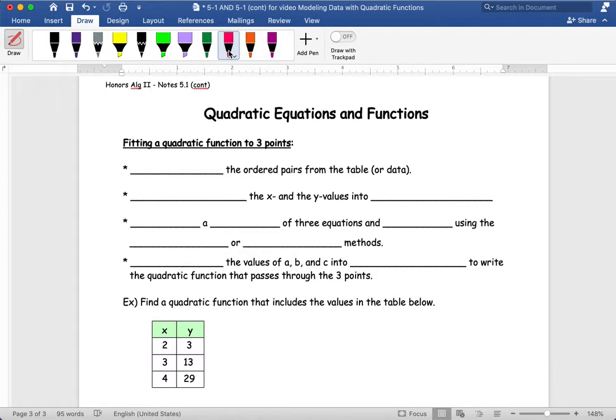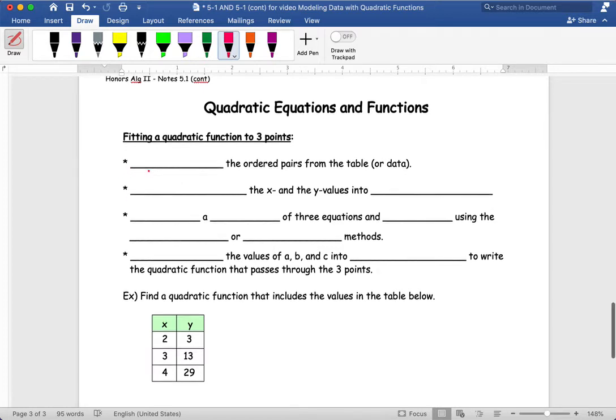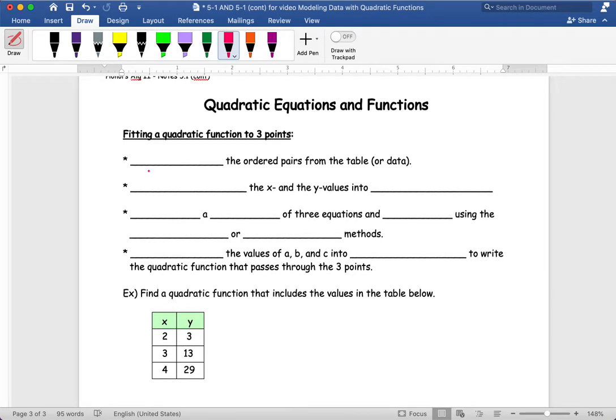You want to pay special close attention to this. It's not difficult. It's really not difficult, but it is time consuming. So when we're going to fit a quadratic function to 3 points, what we're really being asked to do is, if you look down here, you're going to be given some ordered pairs or a table of values.